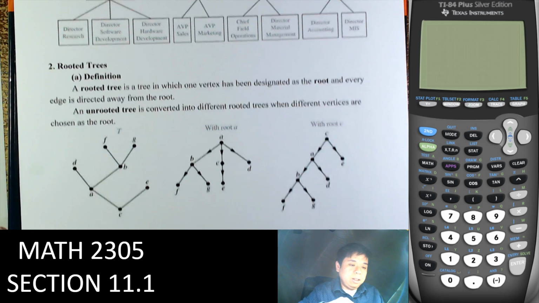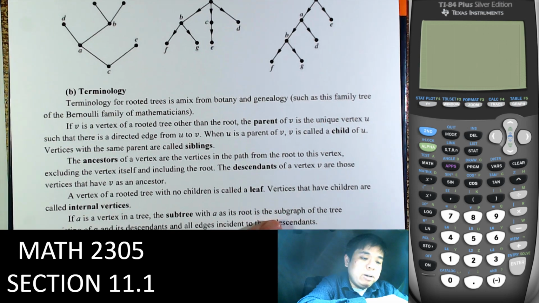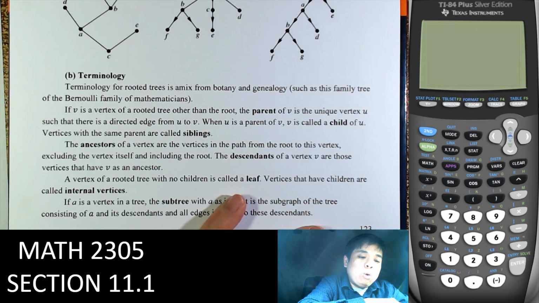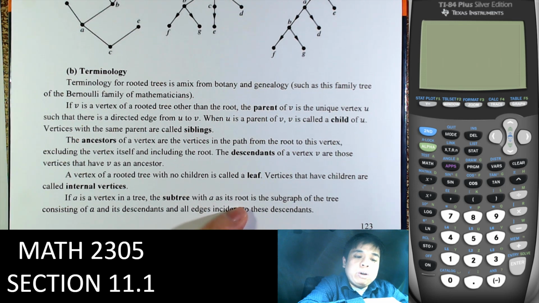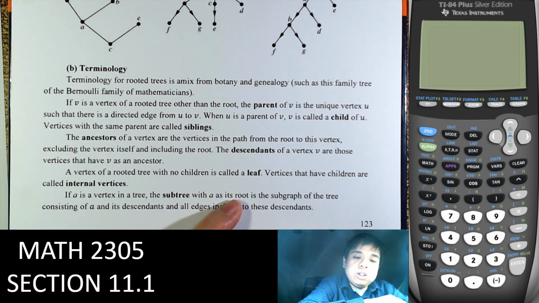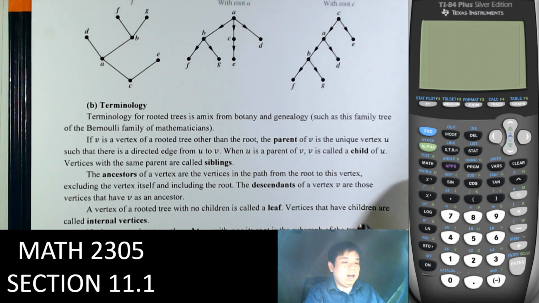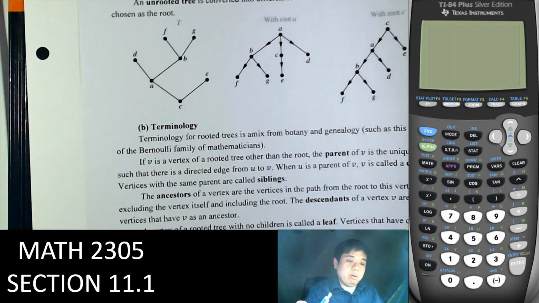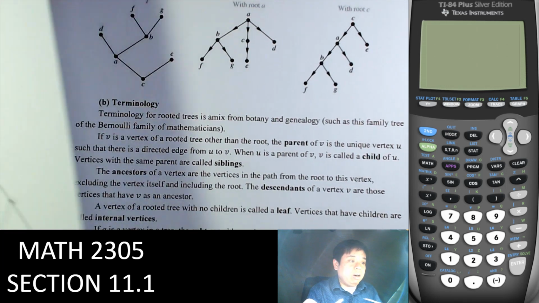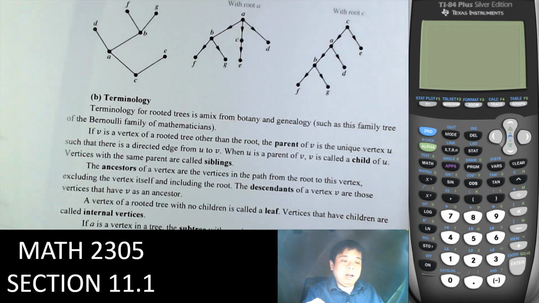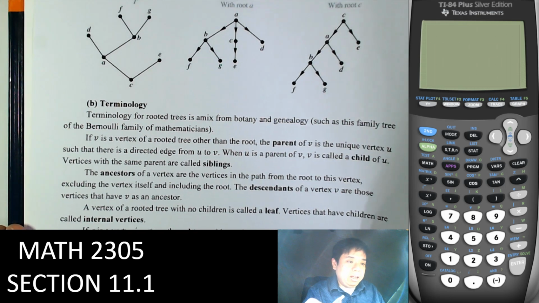Now, more terminology. The terminology for rooted trees is usually from botany and genealogy. On the next page we have the family tree of the Bernoulli family, probably the most famous family in the mathematical world.